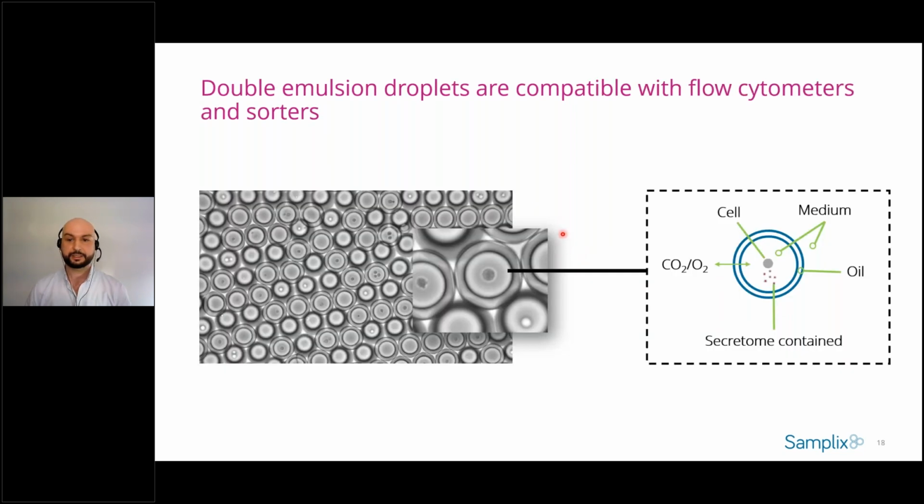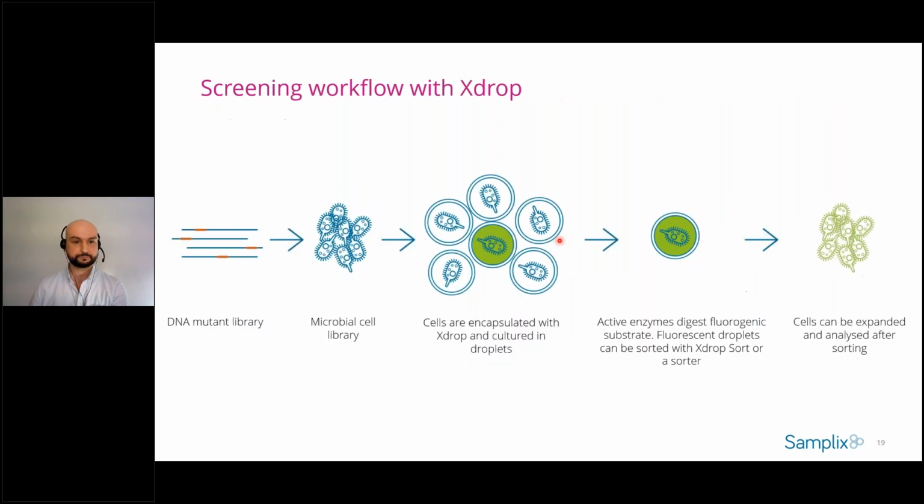As I mentioned earlier, the double emulsion droplets are dispersed in an aqueous outer phase, which allows integration with flow cytometry. The advantage of this workflow is that the genotype-phenotype linkage stays retained during our workflows. So the screening workflow of our study, which I will show you in a few minutes, is depicted in the scheme.